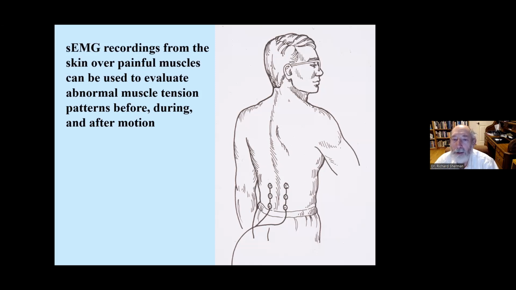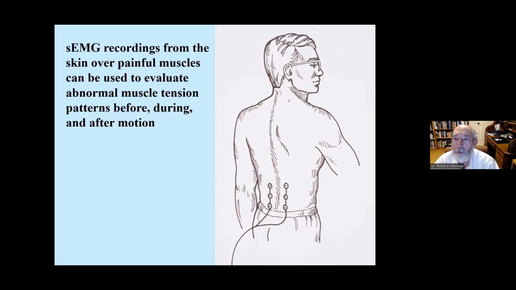So here are sensors on somebody's low back. What we do is we record people in different positions, like bending and rising, sitting supported, sitting unsupported, laying down. We're recording people in different positions and at different levels of pain.